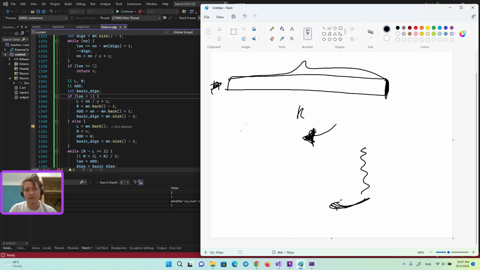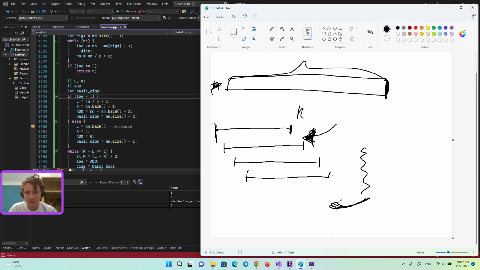So we have the minimum number with one digit. We have some numbers with two digits, with three digits, with four digits, with five digits.